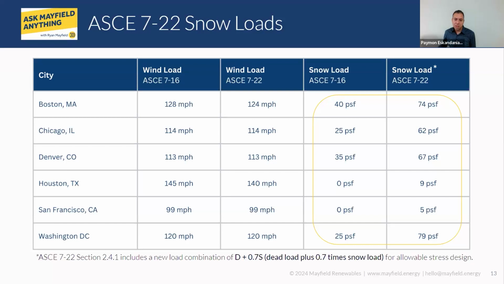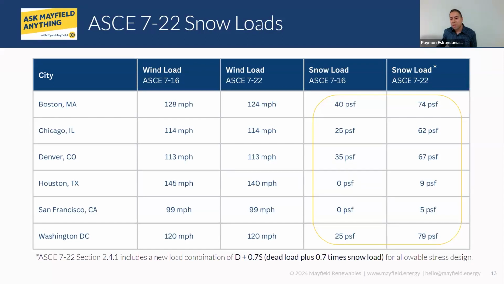But the main change or difference here is that in ASCE 7-16 and all the versions before that, snow loads were considered nominal level loads. In ASCE 7-22, they switched them to ultimate level loads.